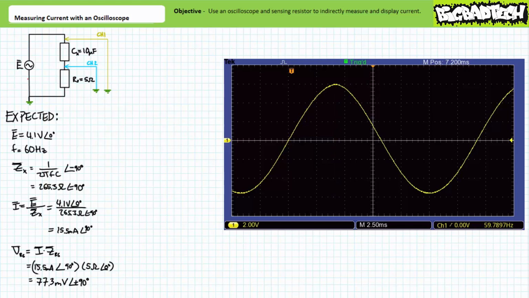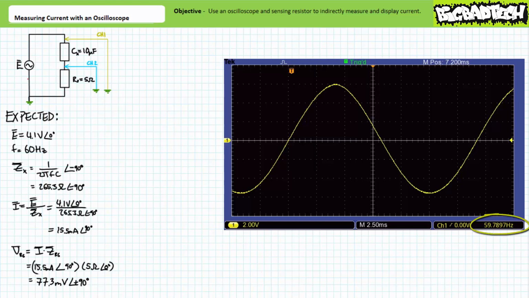Regardless, at a vertical sensitivity of 2 volts per division, this corresponds to a peak-to-peak value of 11.6 volts. If we assume this waveform to be zero-centered, which it obviously isn't, an 11.6 volt peak-to-peak value corresponds to a peak value of 5.8 volts. A 5.8 volt peak value corresponds to an effective value of approximately 4.1 volts. Thus far, we seem to be tracking regarding our desired supply voltage.